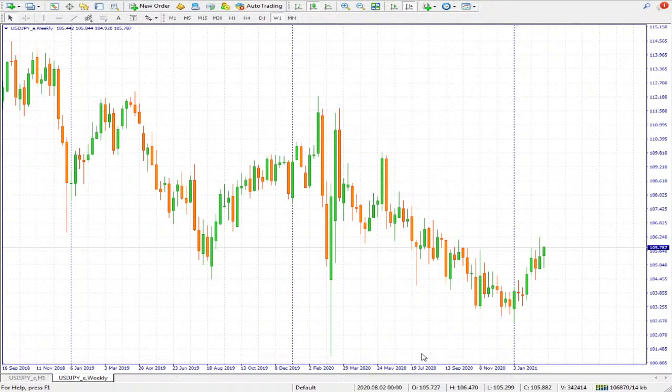As I was saying, each and every candle has its name. To understand price action, you must understand that each and every candle has its own names.